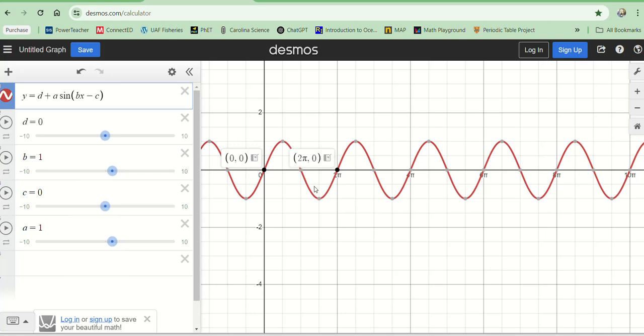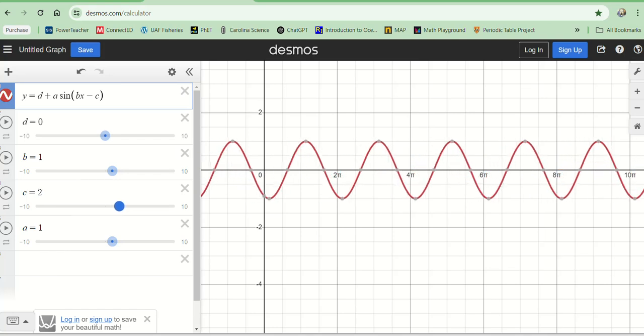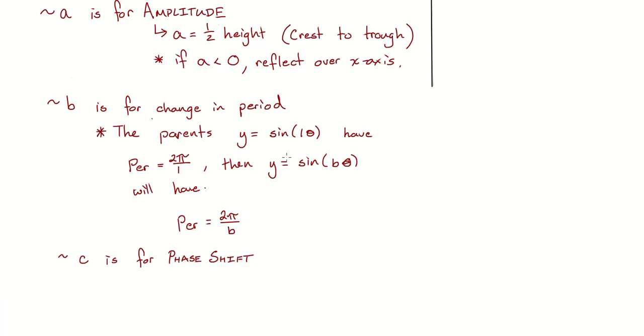As we're looking at our phase shift, all that's changing is where does it start? So if I move it to 2, for example, and that's an ugly number, but notice it just starts at 2 instead of 0 for the x value. Have I lost you guys? Okay, so we're going to use this idea and see that, hey, we're just moving things left and right, and we're going to be able to make sense of this easily enough.